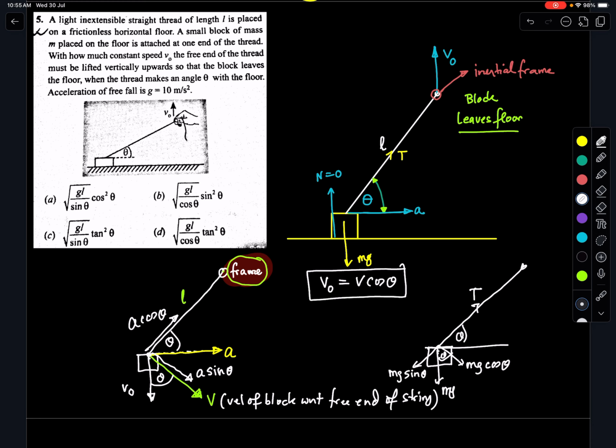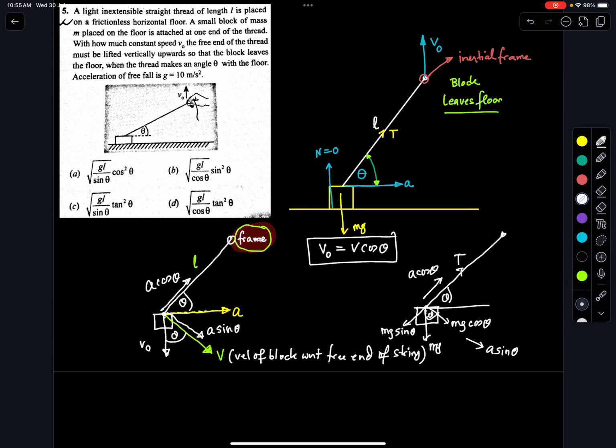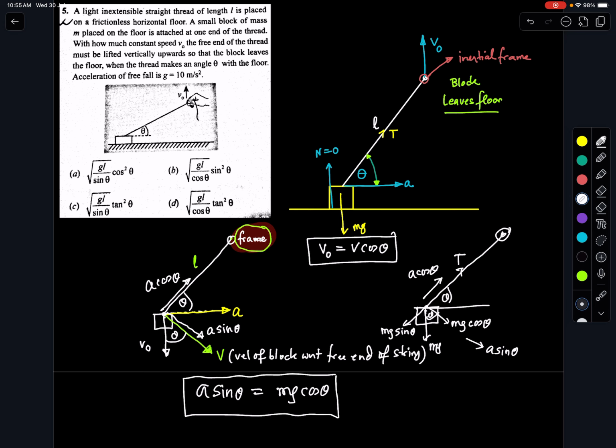So for the tangential component with respect to the fixed point, a sin theta, the tangential acceleration, is equal to g cos theta. So that's an equation. And also a cos theta, the centripetal acceleration, is v square by L.